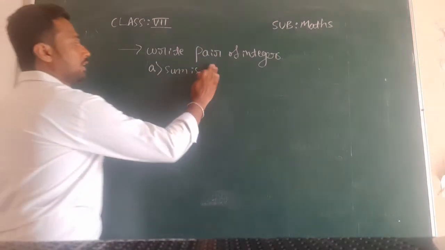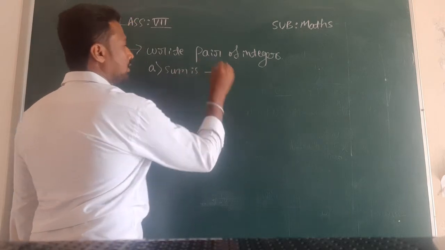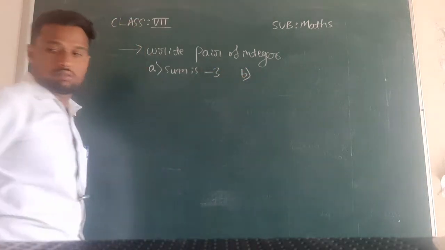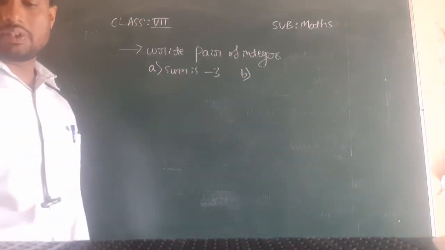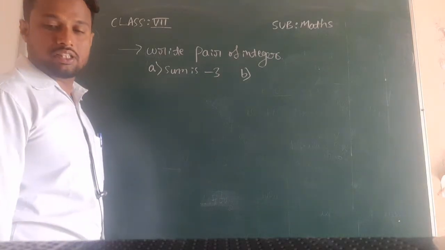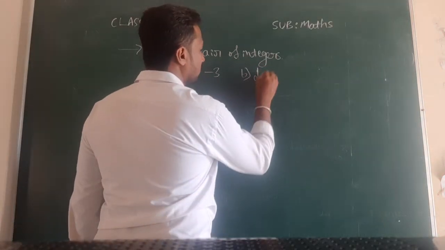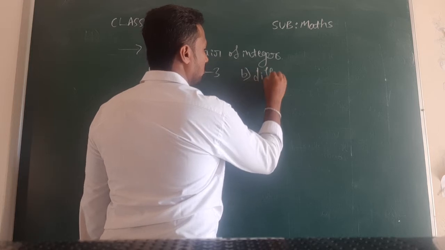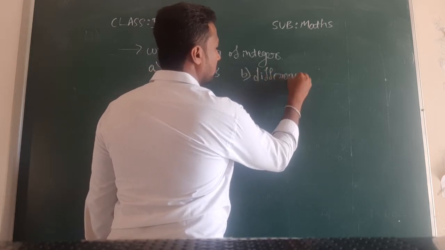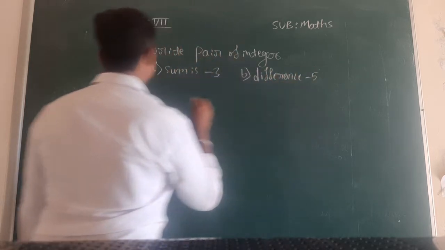B, the difference is minus 5. Next, the difference is 2. Next, the sum is 0.